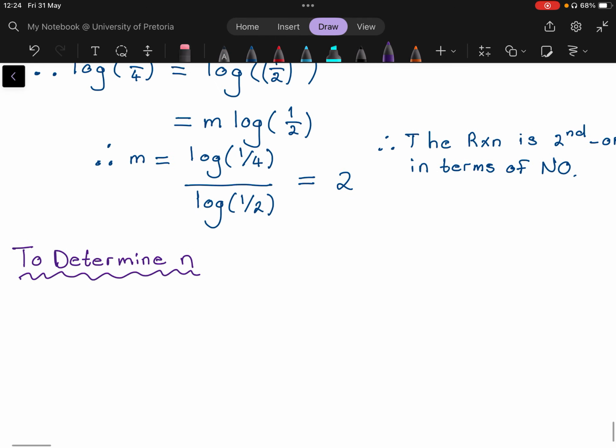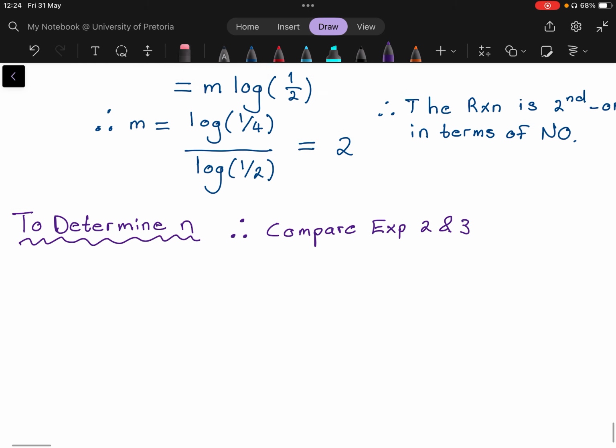And hence we can see how that is dependent on H2's concentration. So we're going to compare experiments 2 and 3.